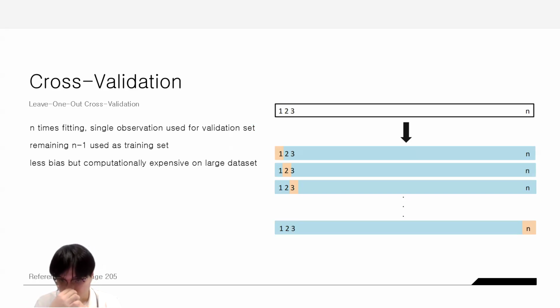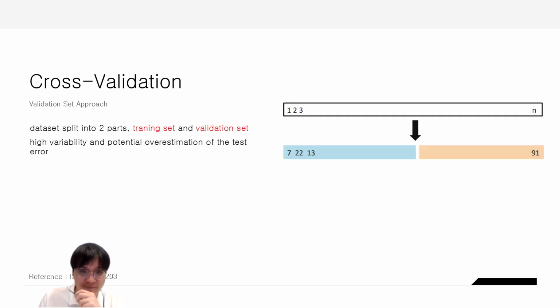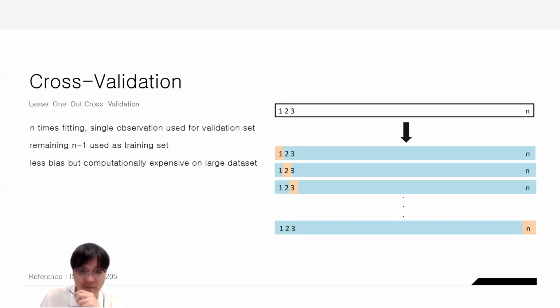To improve on simply dividing into two data sets, the next method suggested is leave-one-out cross-validation. If we see the figure, unlike the previous case that has only one split and one fitting, leave-one-out cross-validation has n fittings. The n is the size of the original data set.